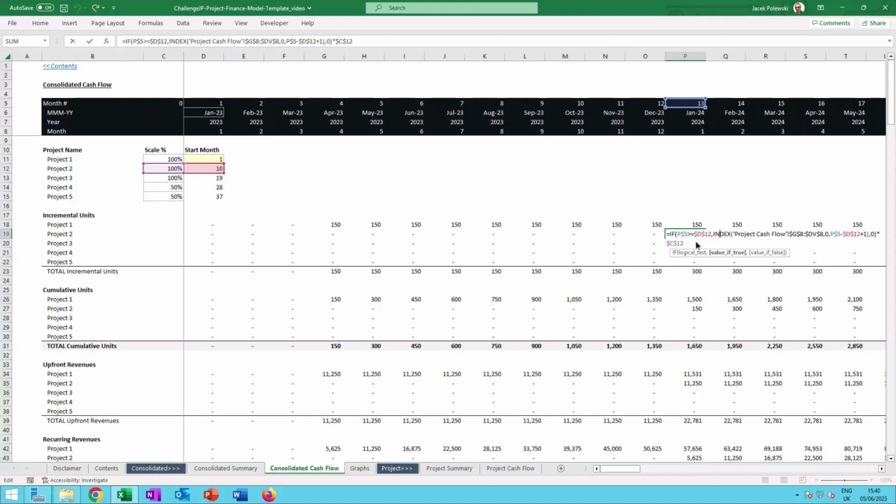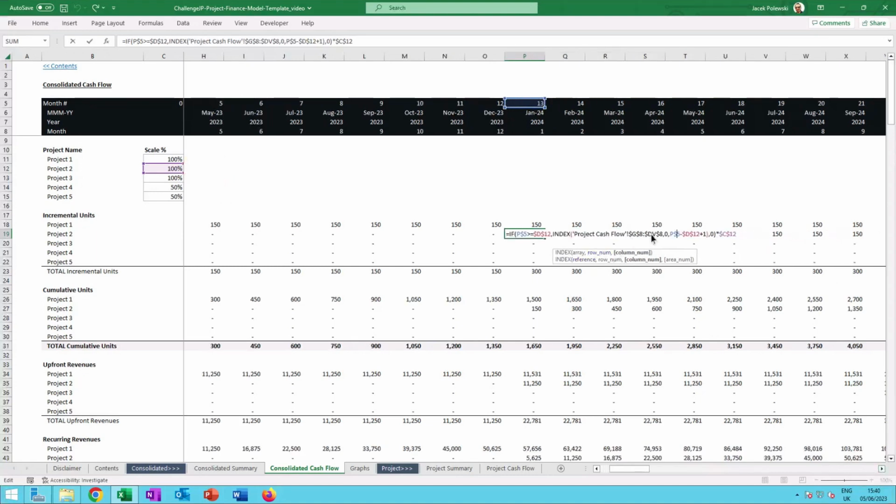In this case, for example, we know that the overall month is month number 13 on the timeline here. My starting month for this project is 10. So what we're saying in the formula is that we'll go to the project cash flow at G8 to DV8. The 8 is the row number from that project cash flow sheet, where it stores all the incremental units.